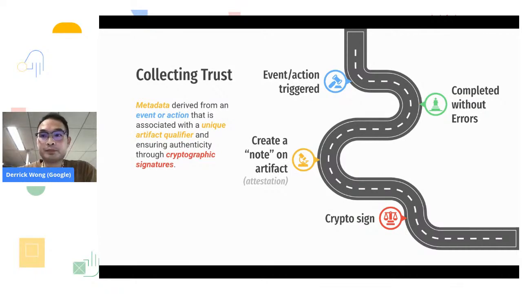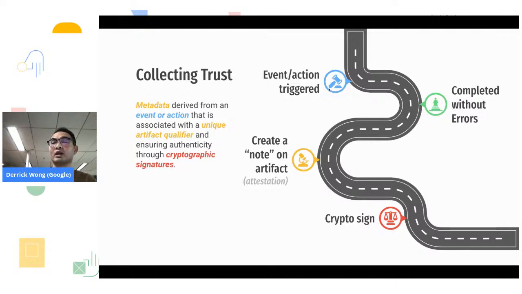So, for example, you have your code scanning tools, right? The CI/CD pipeline triggers a code scanning tool to make sure there's no vulnerability, to make sure there's no weakness in your code. This is the action I mentioned, that event or action triggered.